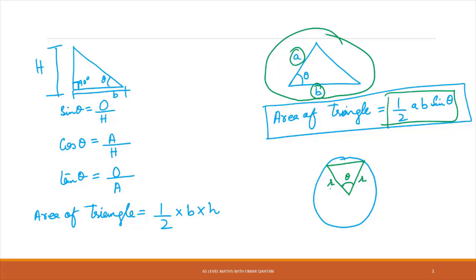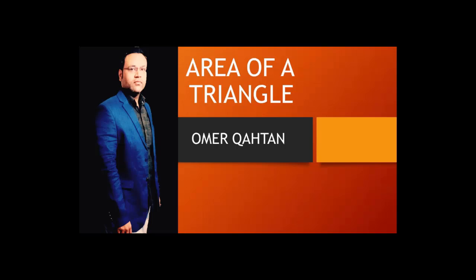First I'll take this side, this R over here, this R over here, and sine of this angle. So this will become half R squared sine theta. So you can use this also while solving your sum.